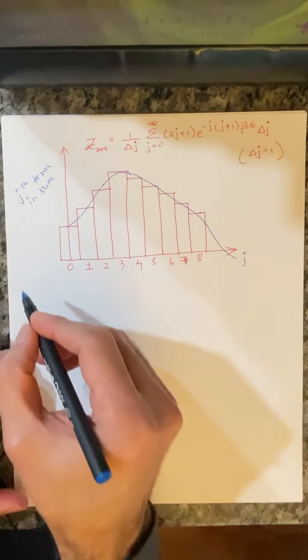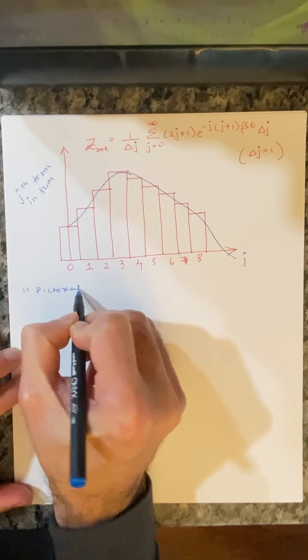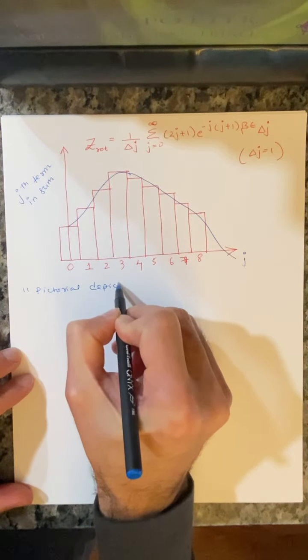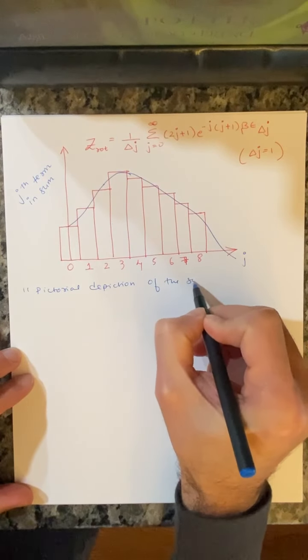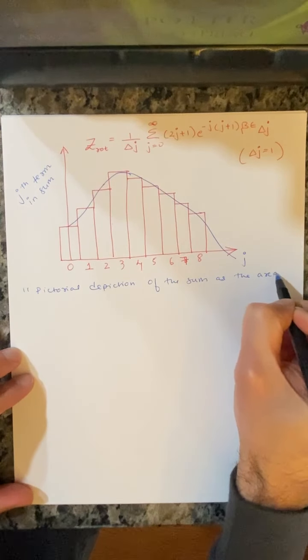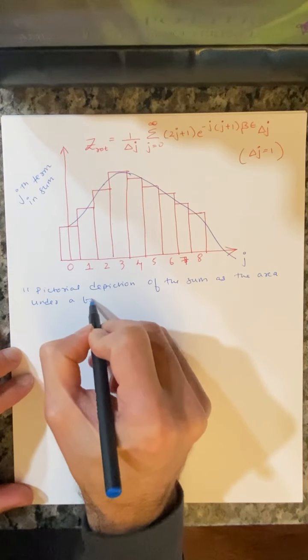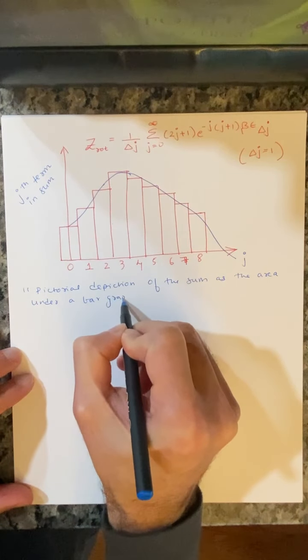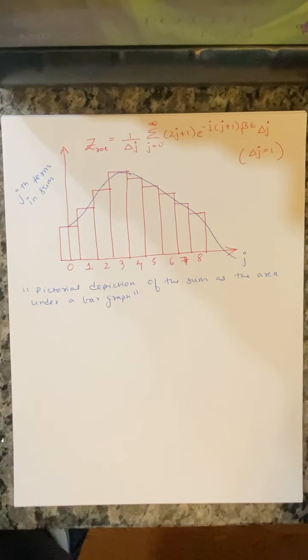This is now a pictorial depiction of the sum as the area under a bar graph. You can all see the bar graph, and I have just truncated it here. In the book you might see the case going until maybe 14 or 20 or something.